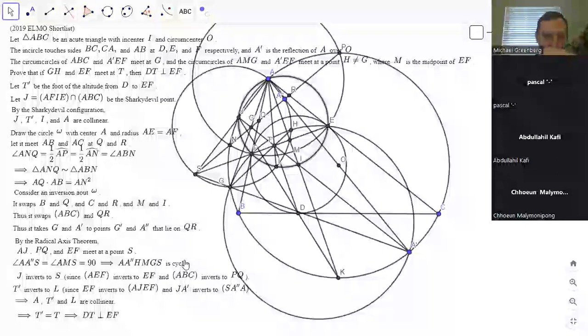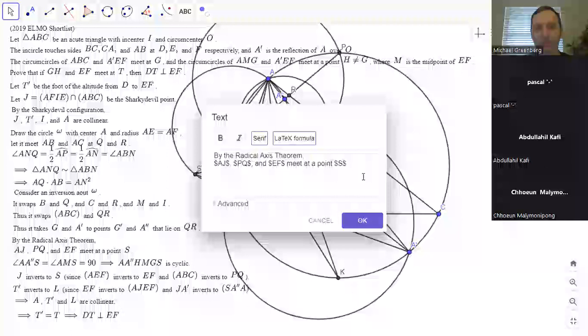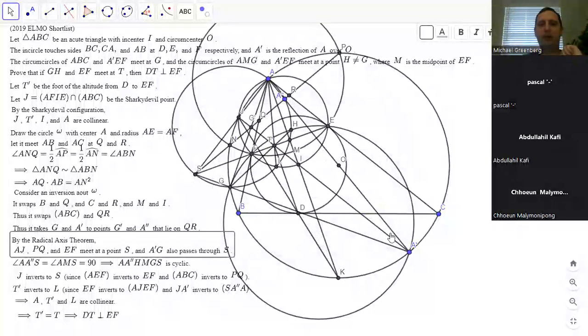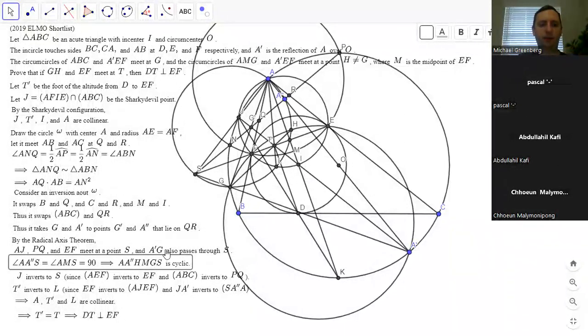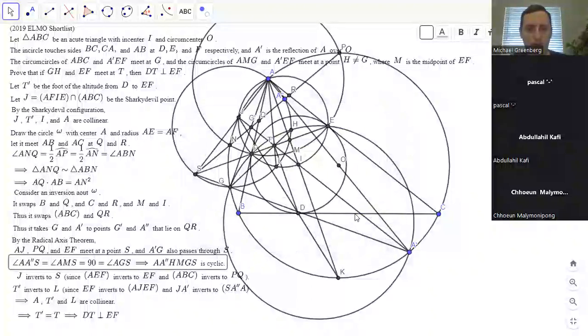So I'll say A prime G also passes through S. So if we use the radical axis theorem again, these are collinear, and so that would mean that this angle is also 90, and so G has to lie on that circle. I think this solves it. So I'm going to move on to the next problem, but I think this works. All right, it's a fun diagram.